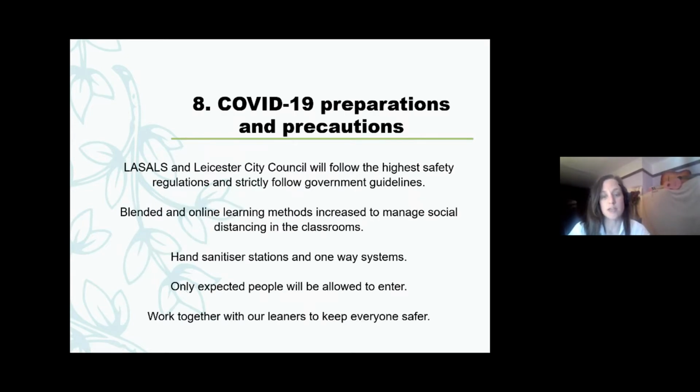I just wanted to take a quick moment to reassure you that LASALS and the City Council will be following the highest safety regulations and strictly following the government guidelines to reduce the spread of COVID-19. This means that we will have an increased amount of online learning methods, and you'll be supported to work a bit more remotely, but the blended learning option means that you will come into class for a smaller number of classes.